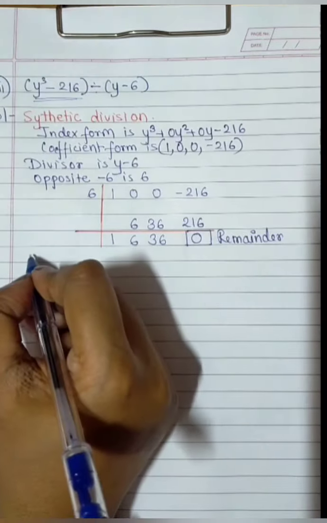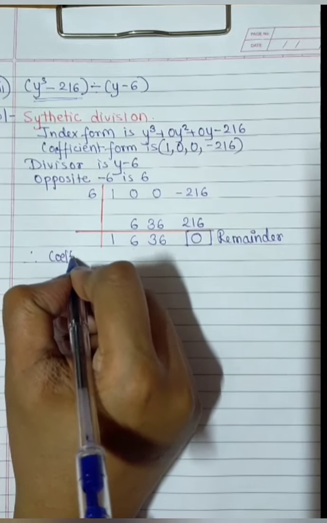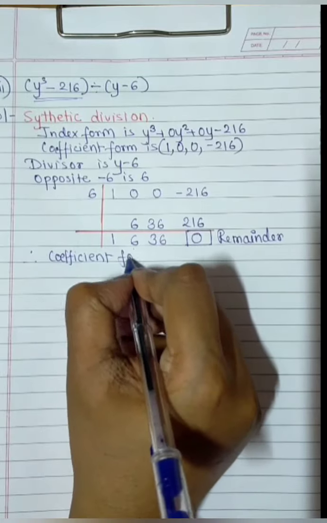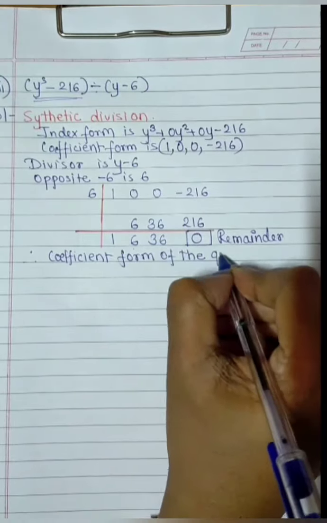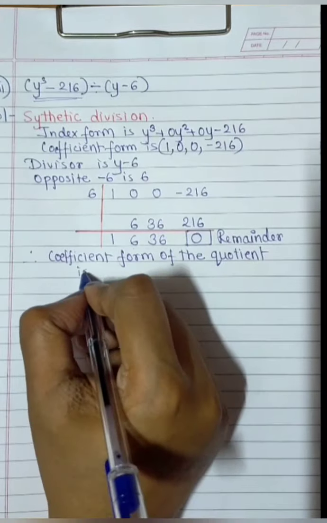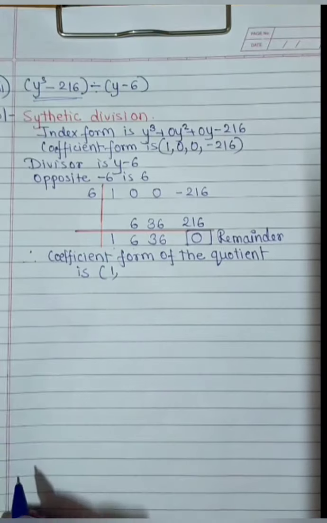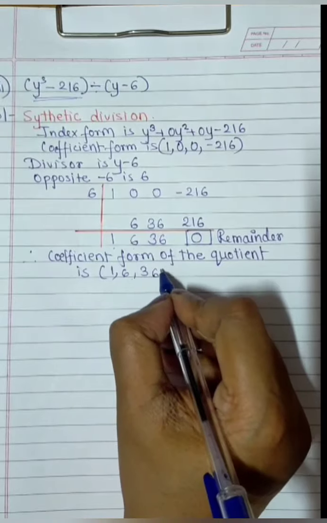Now therefore the coefficient form of the quotient is 1, 6 and 36.